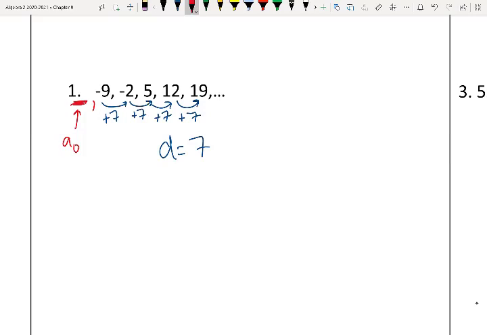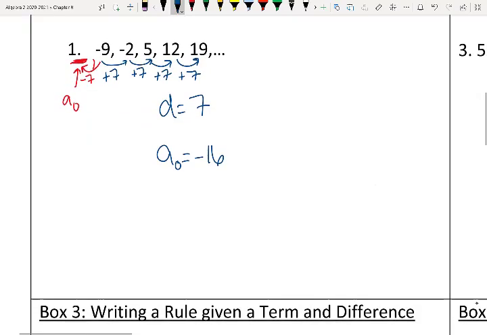If we're going backwards this way, we would just subtract 7, right? Do the opposite of your common difference. Either way we slice it, we should figure out that a sub 0 has to be -16, because -16 plus 7 is -9, or -9 minus 7 is -16, but that's our a sub 0 term.